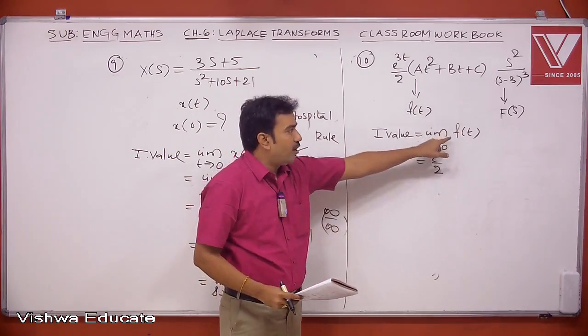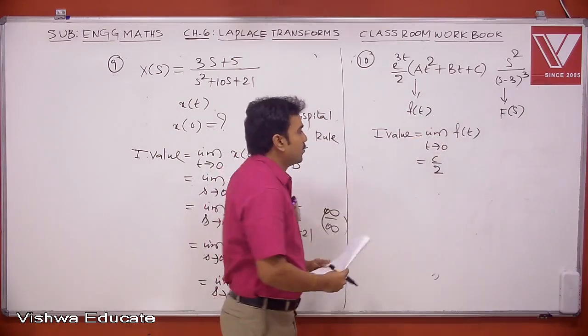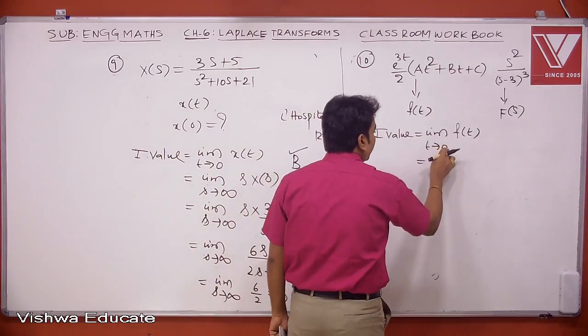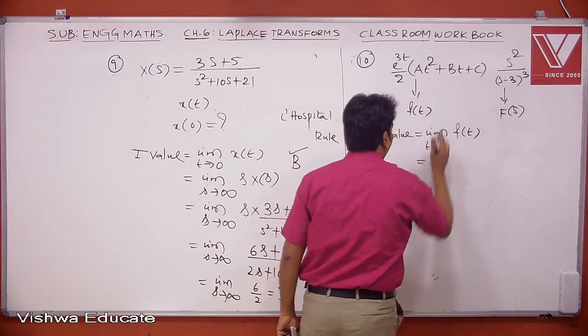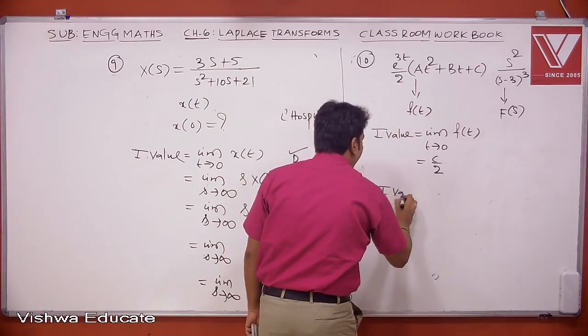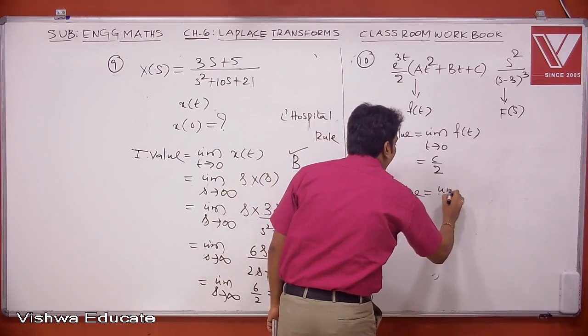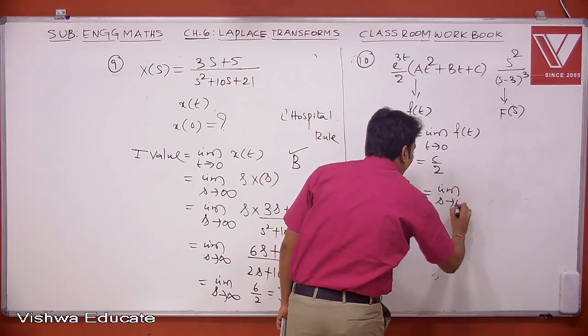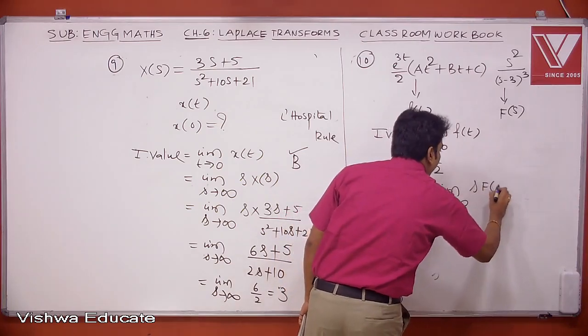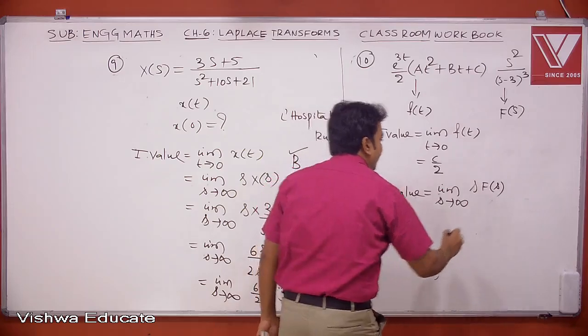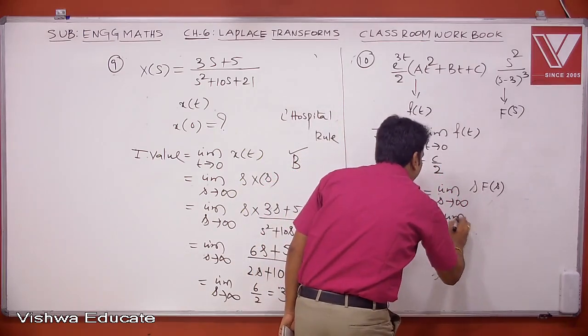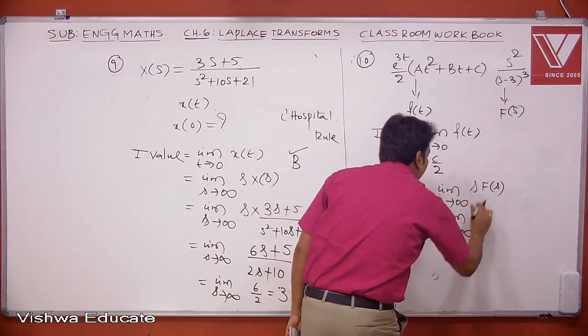The initial value, the limit as t tends to 0 of f(t), gives c/2. This is again the same as the initial value equal to the limit as s tends to infinity of s times F(s).